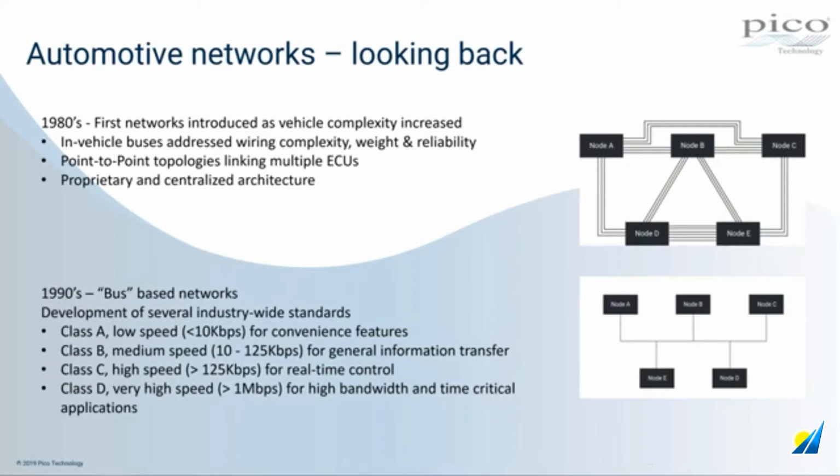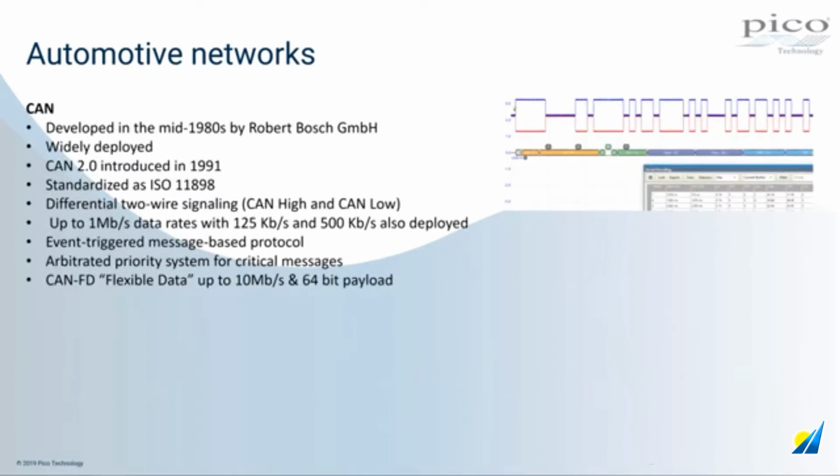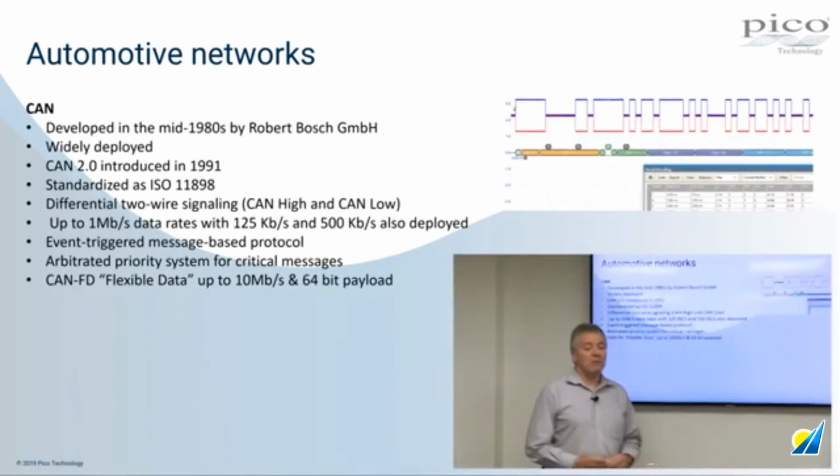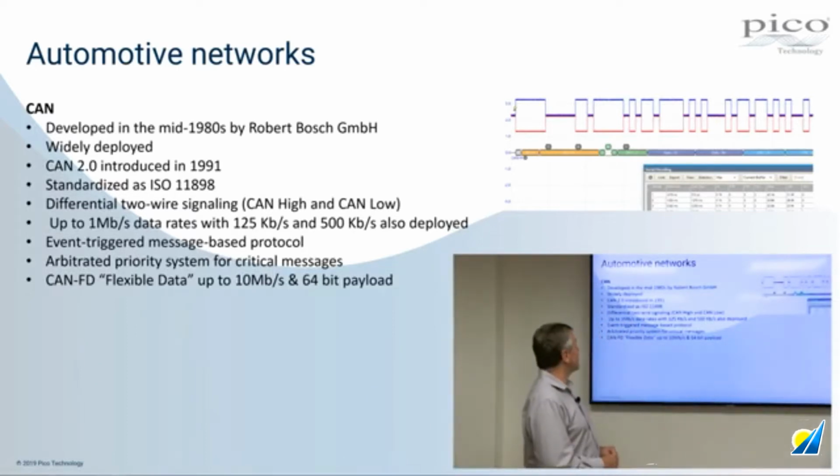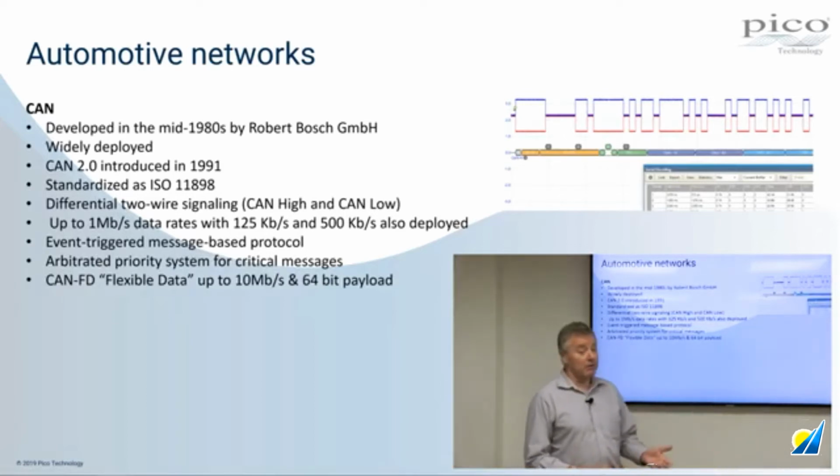So those networks developed quite strongly throughout the 1990s, and in particular there was one network that became dominant in the industry, and it was the CAN-based network. CAN was developed in the mid-1980s, but became widely deployed in vehicles throughout the 1990s and beyond.